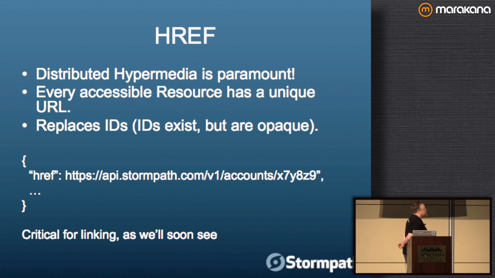And so hrefs are super important. You want them to exist in your body content so clients can know how to interact with other resources. And linking is very critical, as I just said, but it's kind of tricky in JSON, and I'll cover that in a little bit. It's really important though, so we'll dive into that in some detail. But in this case, you'll see in Stormpath's example, every one of our resources that's returned from our server always has an href property with a fully qualified URL.